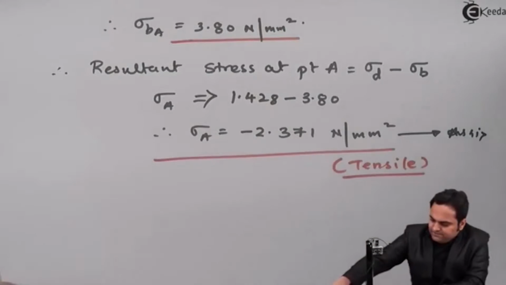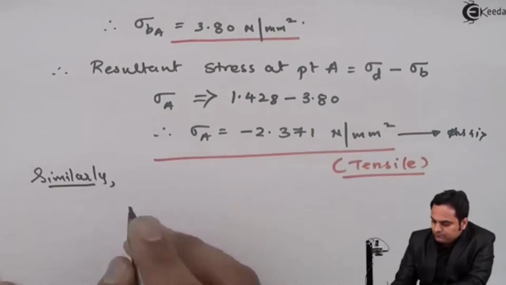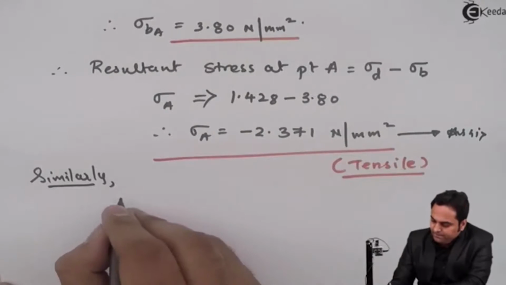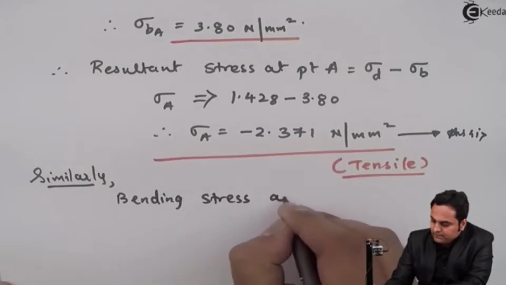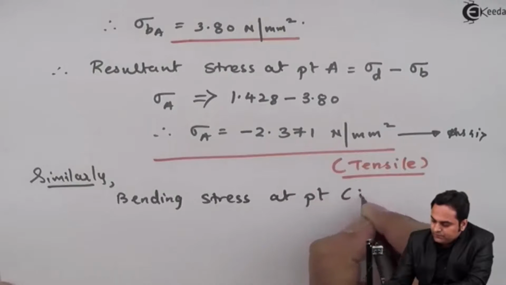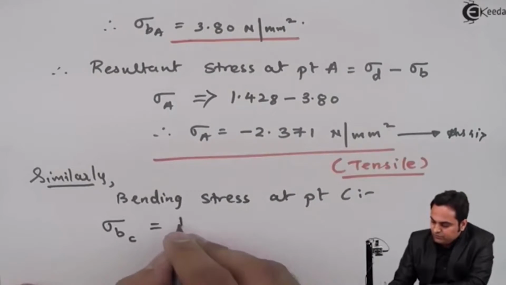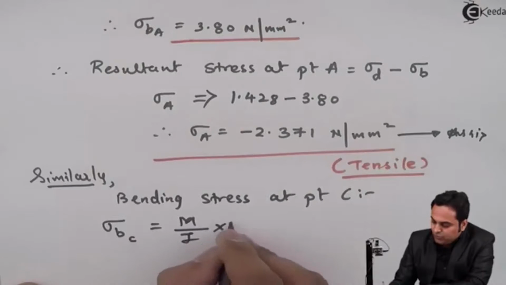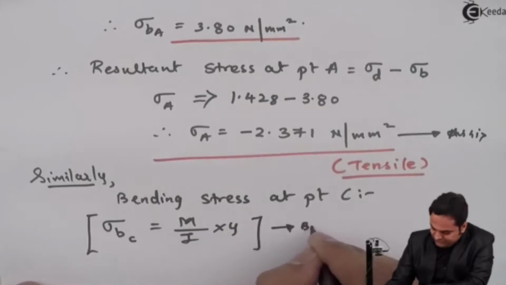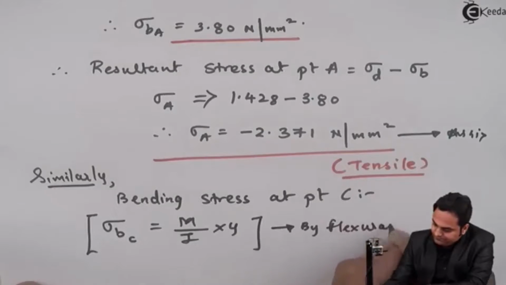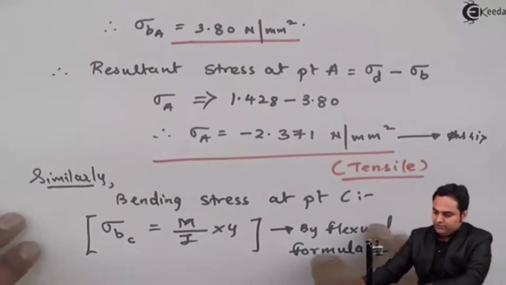After this, in a similar manner, the bending stress at point C, sigma B C, is equal to M upon I into y, again by the flexural formula. So I'll go on putting the values here.